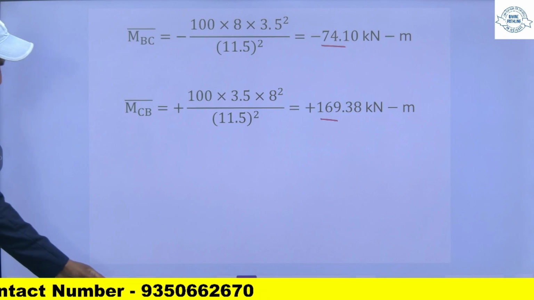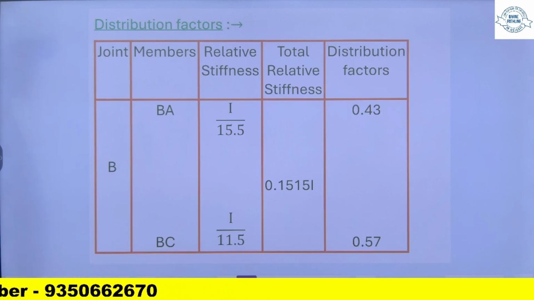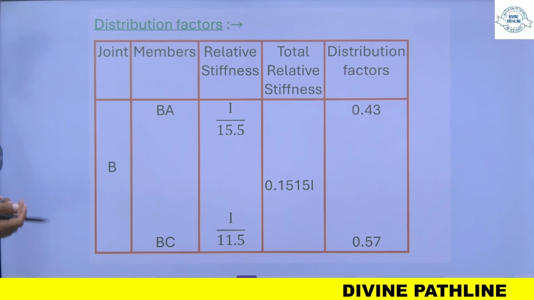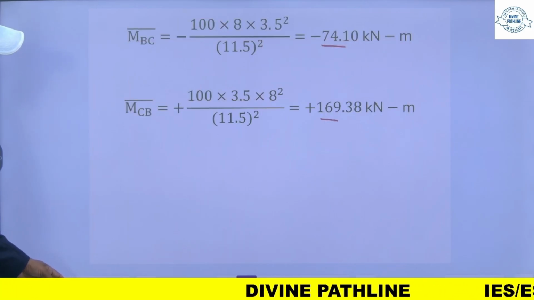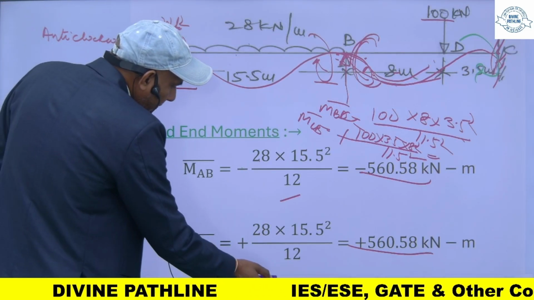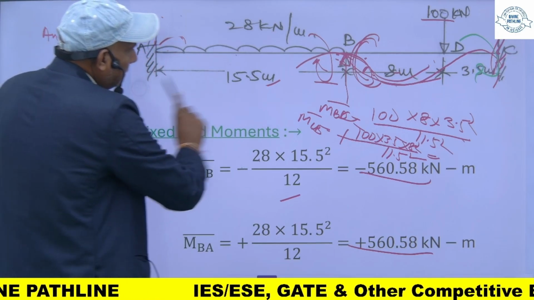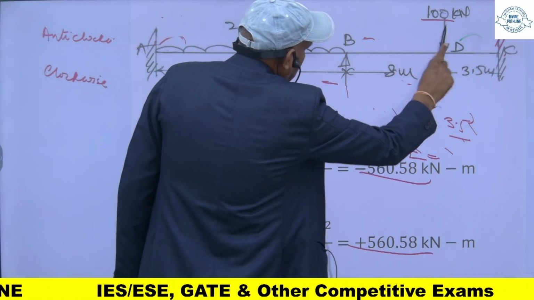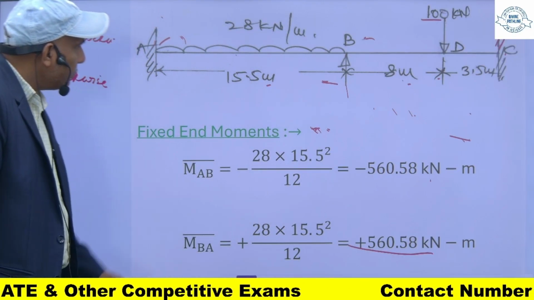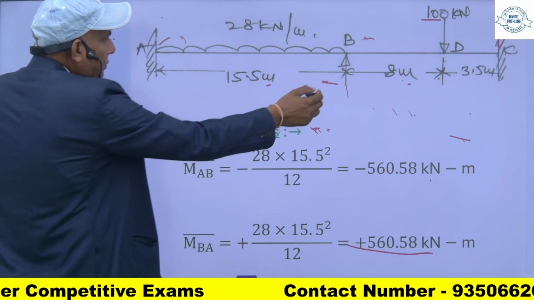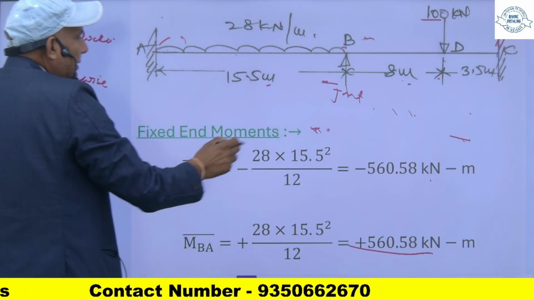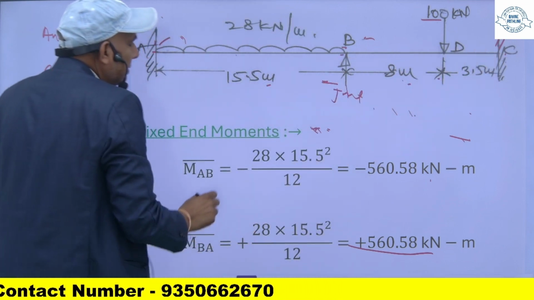Now, first I will calculate the distribution factor. Distribution factor for joint B. So this is joint B, and one member is BA, another member is BC.